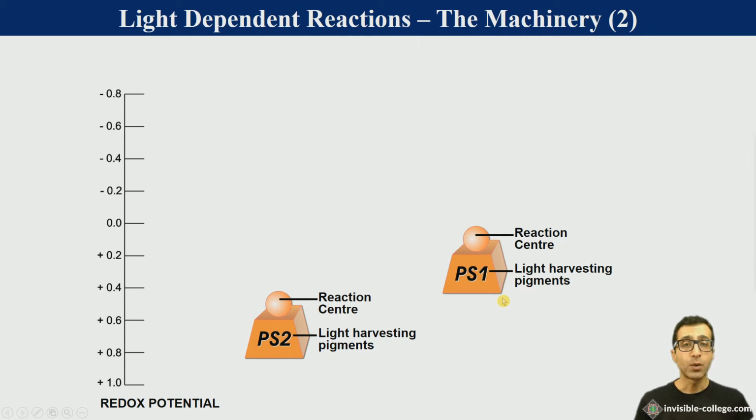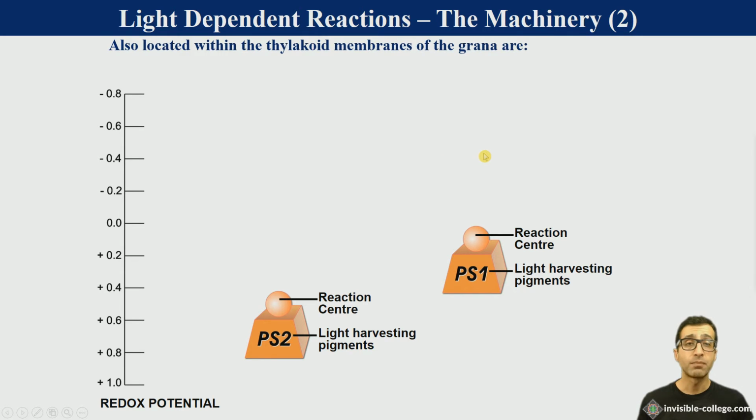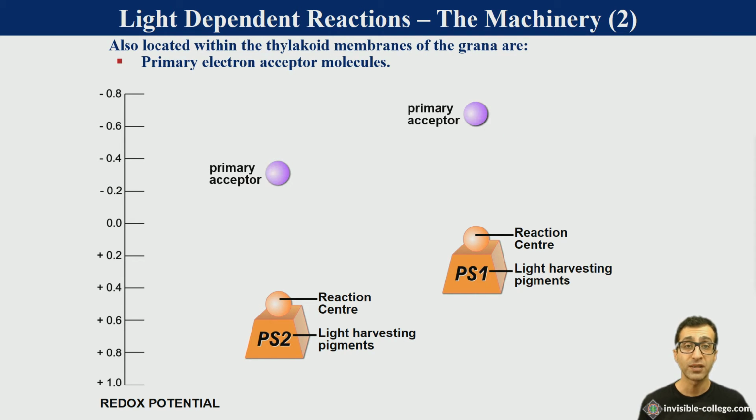Also, within the thylakoid membranes of the grana, we find a number of other molecules and a number of other bits of biochemical machinery, if you like. We firstly find molecules called primary electron acceptor molecules, and again, in terms of their relative energy levels, we find these at these locations relative to the photosystems and each other.